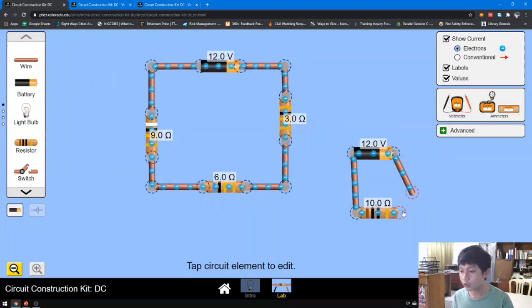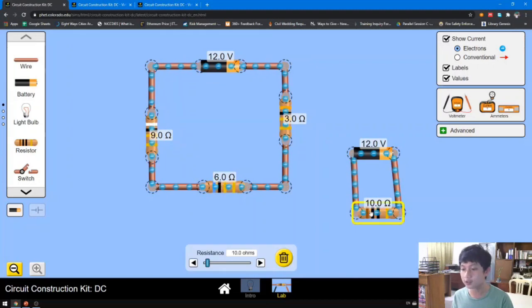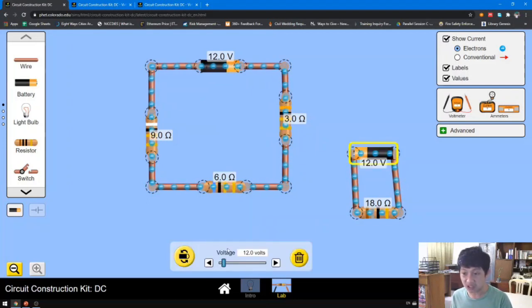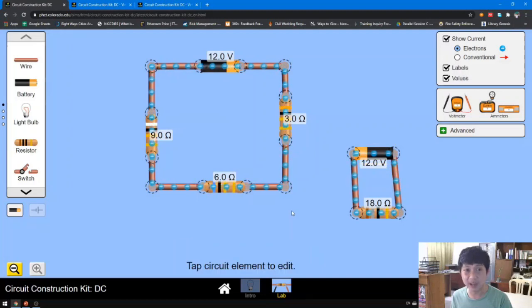So we have calculated that the resistance is 18 ohms, right? So let's try 18 ohms, and let's compare if they move the same. Well, if you ask me, they behave exactly the same, they have the same speed. If you ask me. So that's it.